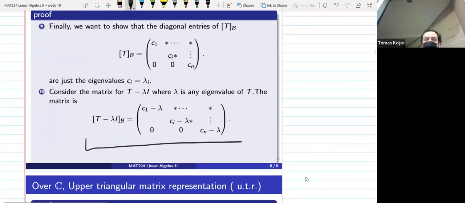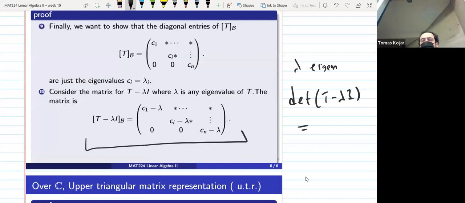Take lambda to be an eigenvalue of T. Since lambda is an eigenvalue of T, what can you tell me about T minus lambda I?